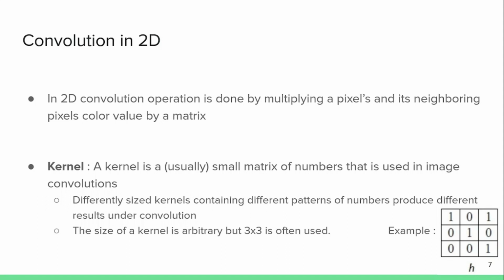A kernel is usually a small matrix of numbers that is used in image convolution. Different size kernels containing different patterns of numbers produce different results under convolution. Usually kernels will be of 3 into 3 matrix size. We can see an example below, a 3 into 3 matrix, represented as H.